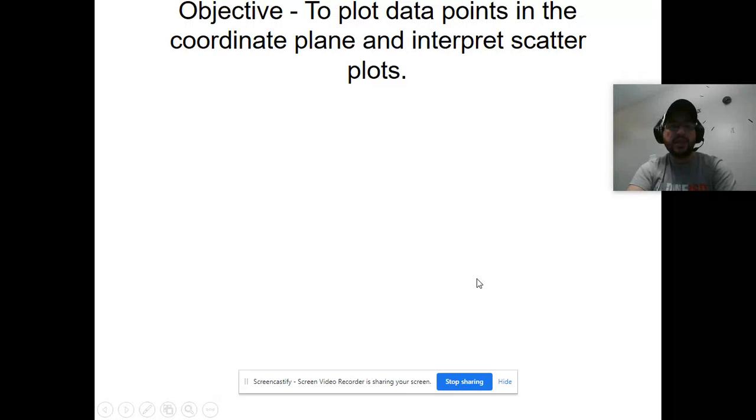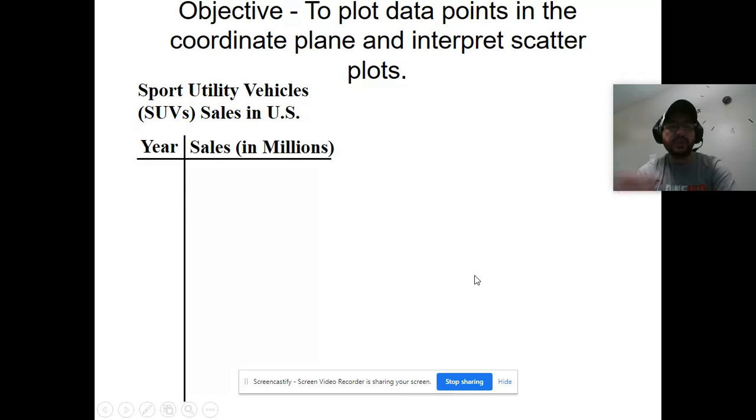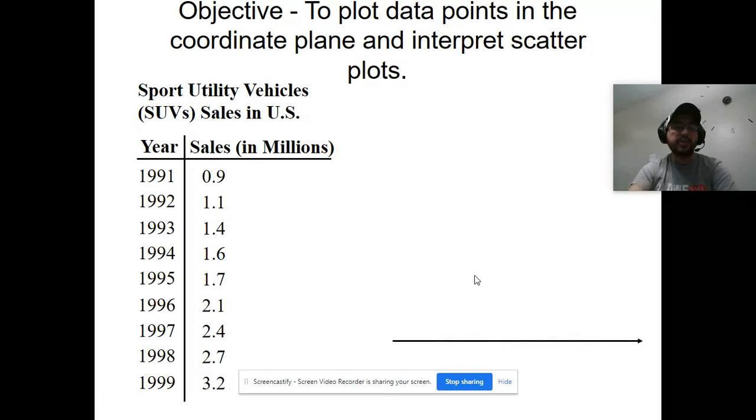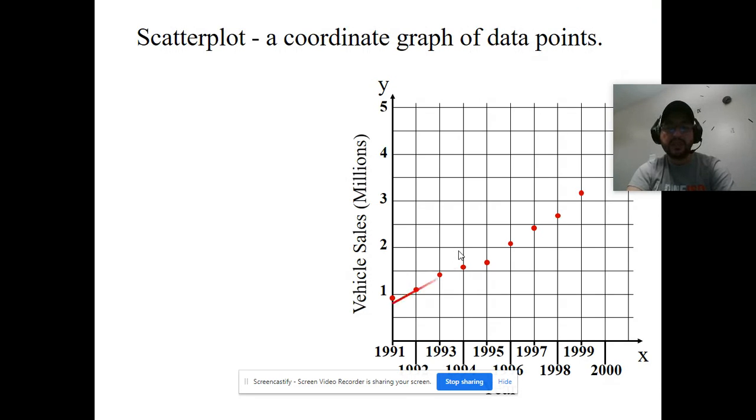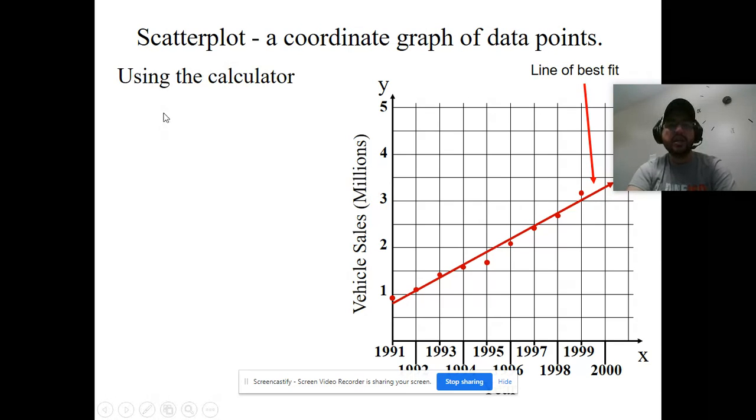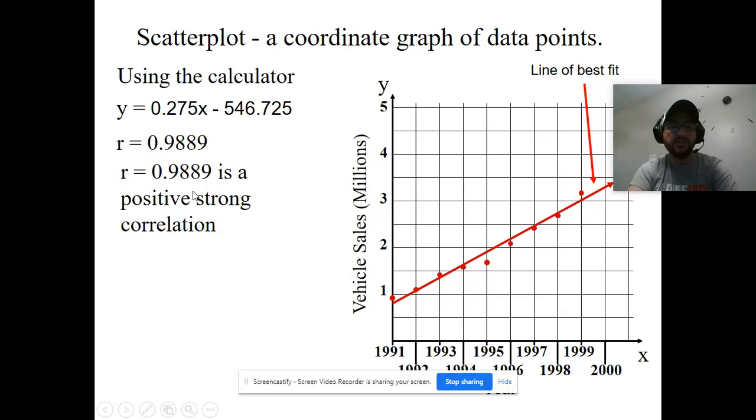Now, let's go over an example. We had this example where it's talking about the years and the car sales. Okay, so we got this graph. We can draw the line of best fit, and then using the calculator, we're gonna get the equation of the line of best fit and the correlation coefficient. Since it's really close to 1, it will be a strong positive correlation.